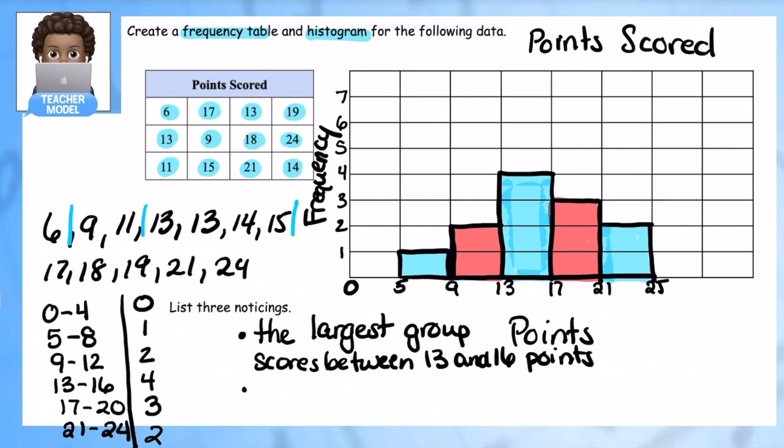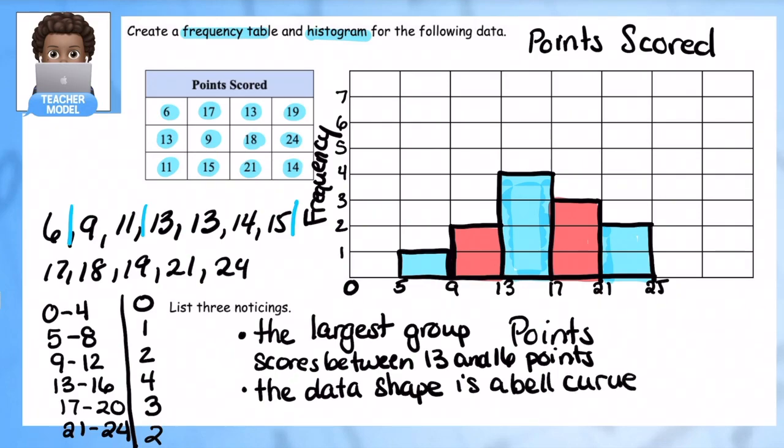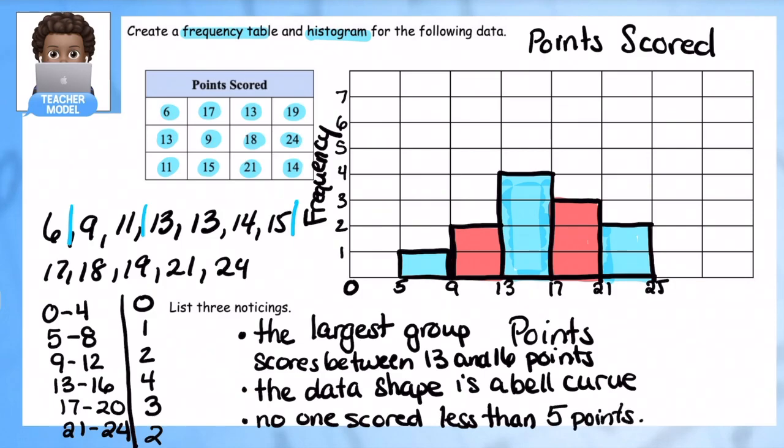I also noticed the shape is similar to a bell curve, and we can see how it goes up and back down again. Pretty symmetrical. What else do I know is a fact by looking? No one scored less than 5 points. So that's important to know.